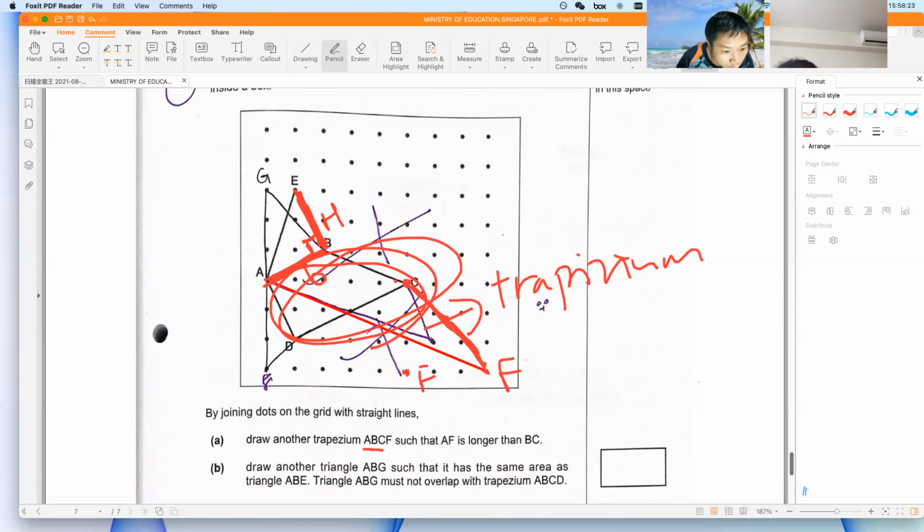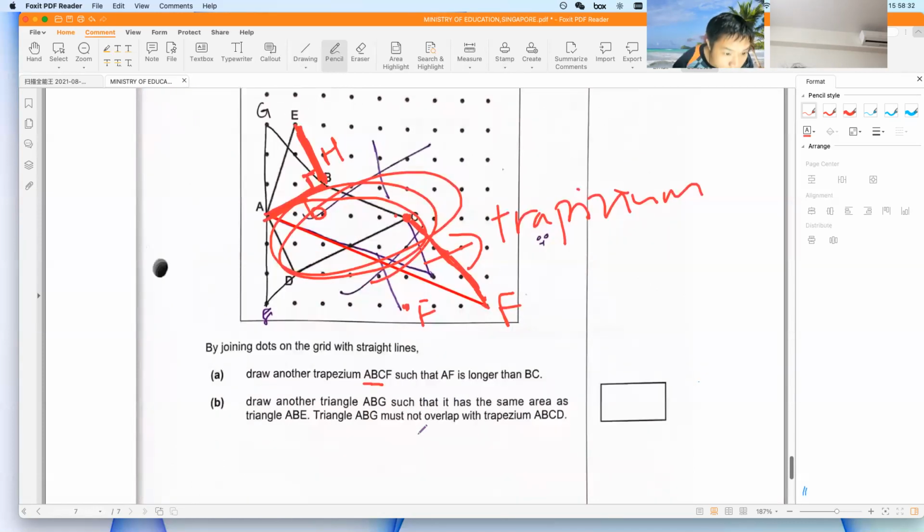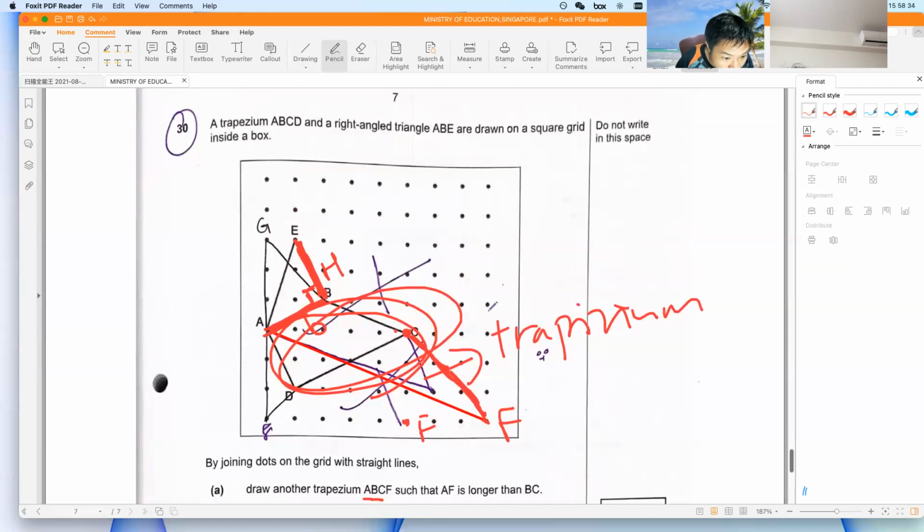So one thing I can do, ABG such that. Okay, then how do you do it? If this is the height, then this is the base. So you need to find the ABG. So you chose this point.